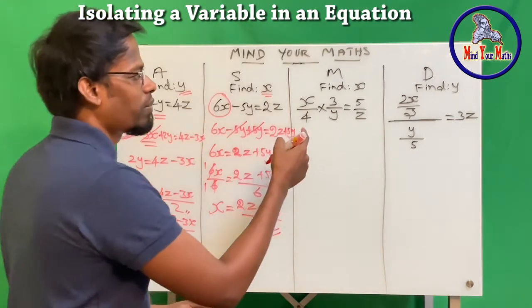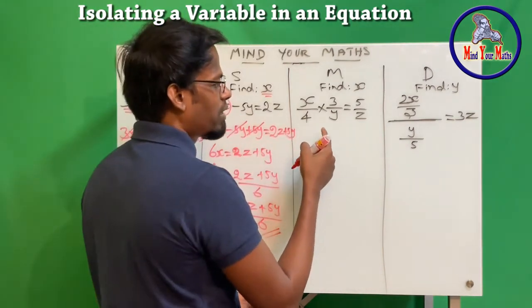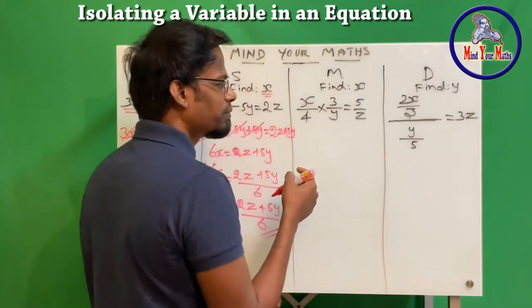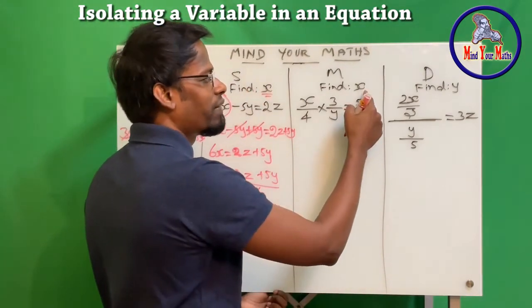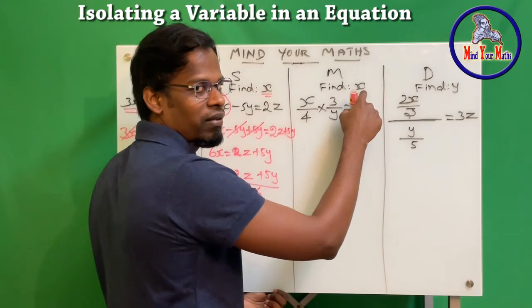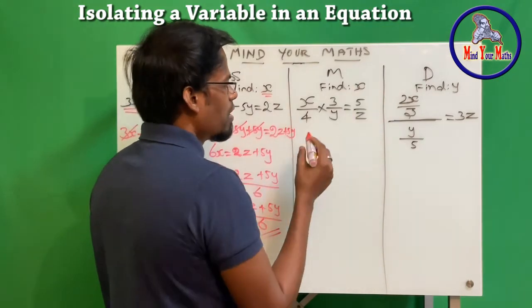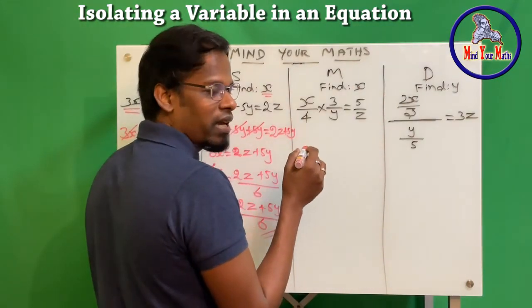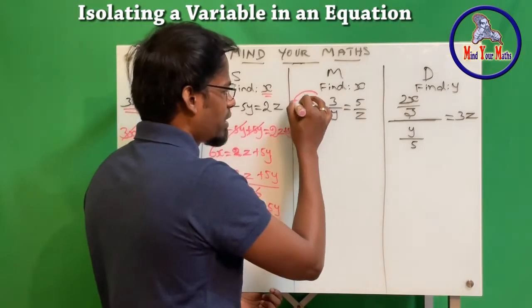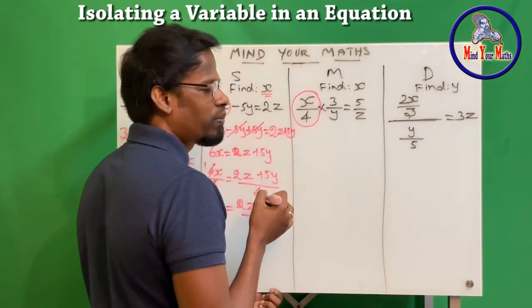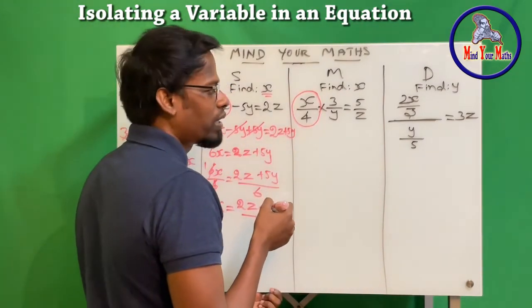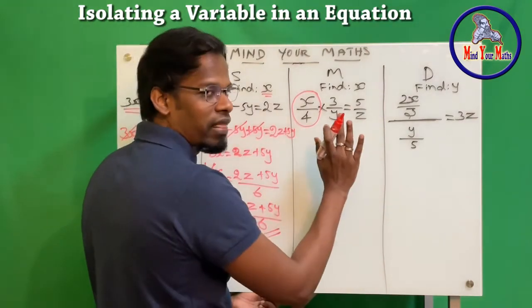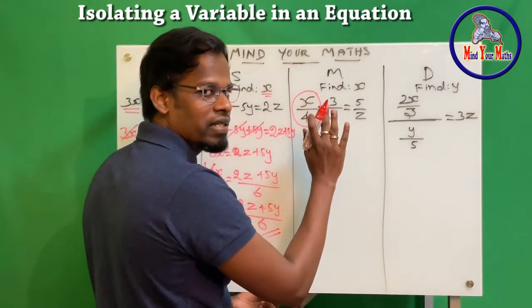Now let's go to the multiplication, right? In the multiplication, what do we have? We need to find the value of x, right? So which means what is the first step? Correct. Yes, only this value should be remaining on the left side. There should not be anything else. So now how do we do that?